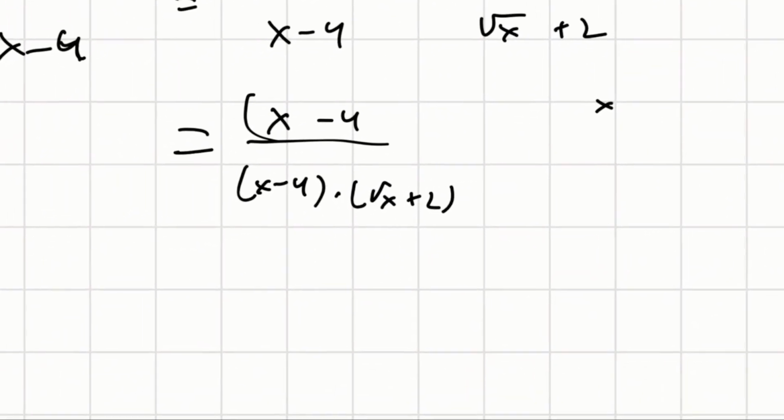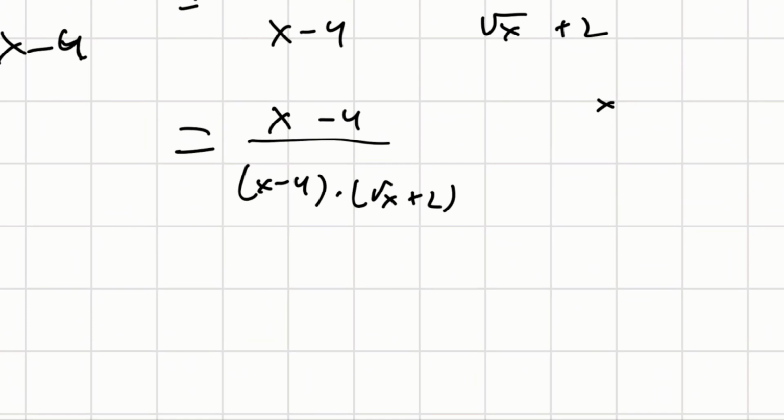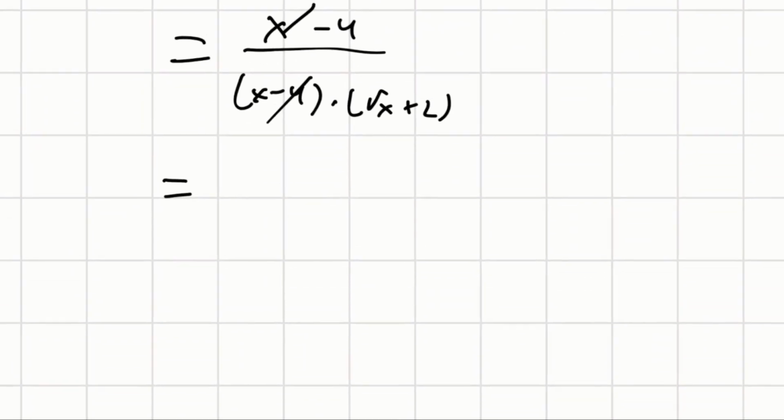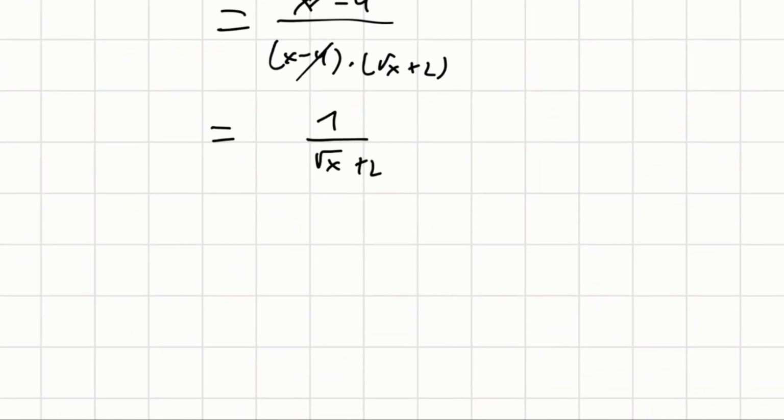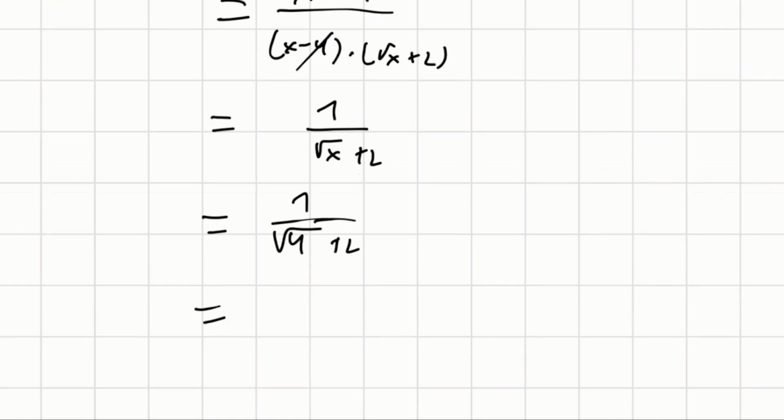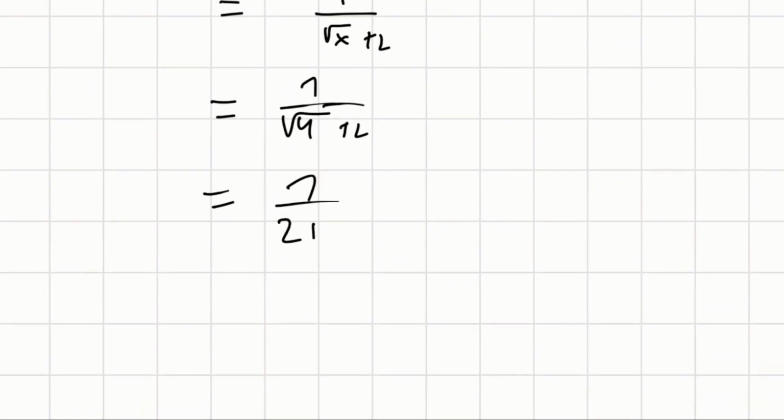So this is x minus 4. So we know this equals, if we just cancel this away, 1 over square root of x plus 2, and now we can plug in 4, and we get square root of 4 plus 2, which is equal to 2 plus 2, which is equal to 1/4.